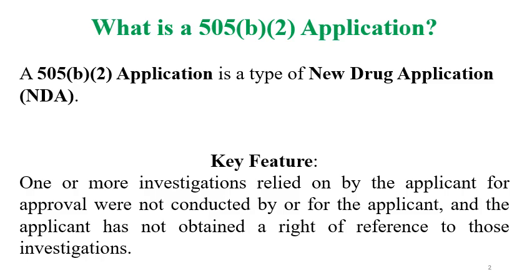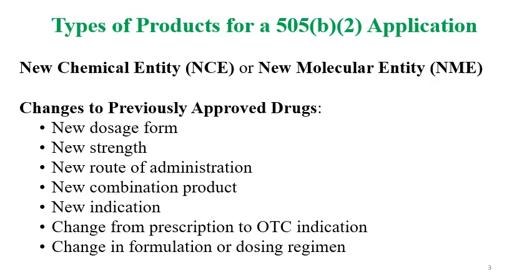This makes the 505(b)(2) applicant different from NDA. The NDA applicant conducts all the safety and efficacy and all the clinical trials, while the 505(b)(2) applicant relies on or references some of the data generated by the NDA, and also generates some data to support its application.